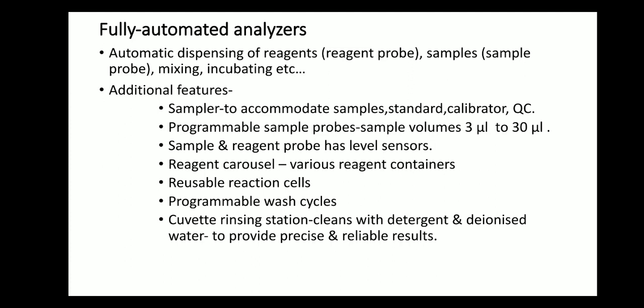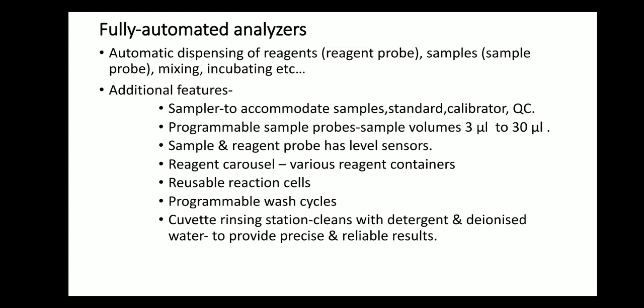We have Randox, and different companies provide these QC materials. From Roche we have, Randox we have. That is run in the instrument, and we will know the QC range in which the instrument has to give the value. If it is giving in that range, the instrument is working properly and there is no doubt on the patient report.